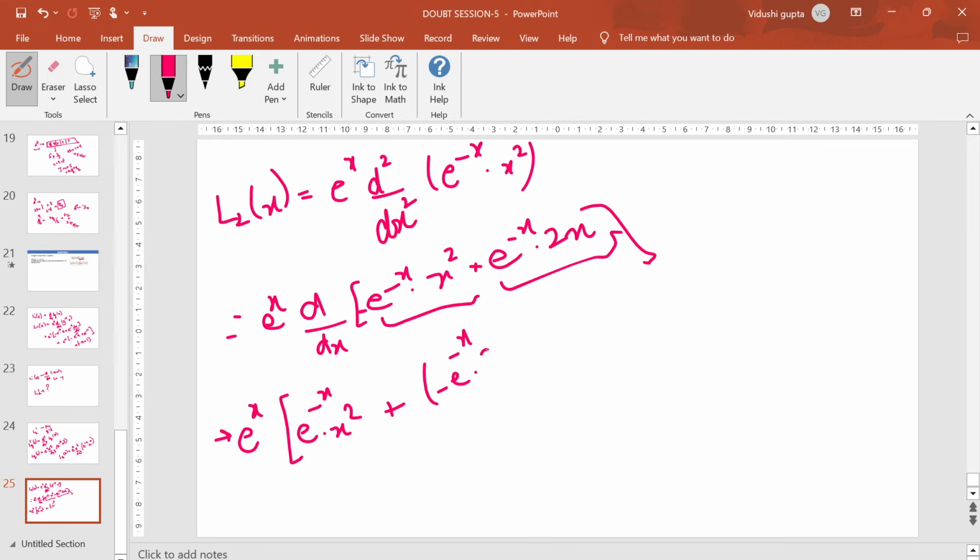Differentiation of x square is 2x. Then plus differentiation of e^-x is minus e^-x, second term as it is, plus differentiation of e^-x, which will be as it is. It should be constant, and the differentiation of 2x is 2.